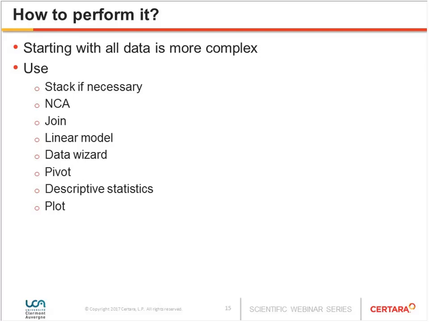Then on the plasma concentration, you are going to use non-compartmental analysis, NCA. You are going to use also the join to join the dissolution data with the PK data. The linear module also to see what is the best relationship. Data wizard to extract the best relationship, then pivot to put it in the right place, descriptive statistics, then the new time data wizard for predictability, and plot. So you are going to use a lot of functions.